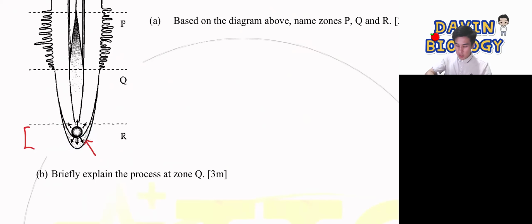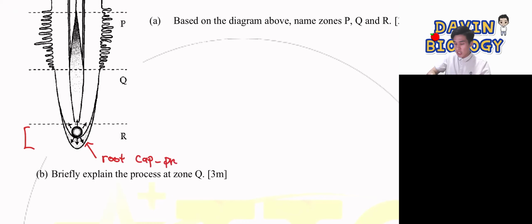So this thing, it's not called the zone of cell elongation, of course. This is like the helmet, the protection of the root. It's called the root cap. Yes, exactly, root cap. So what does the root cap do? I already said protect.